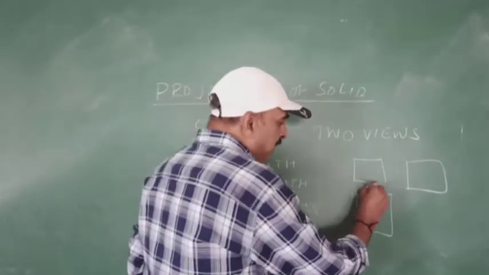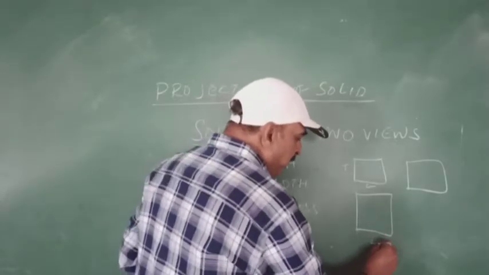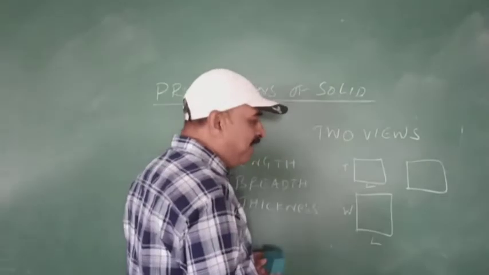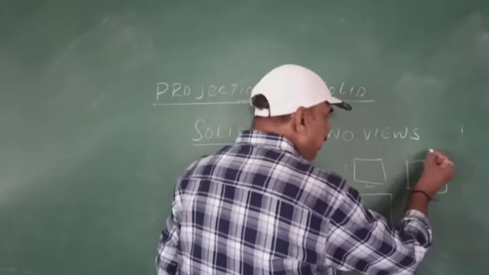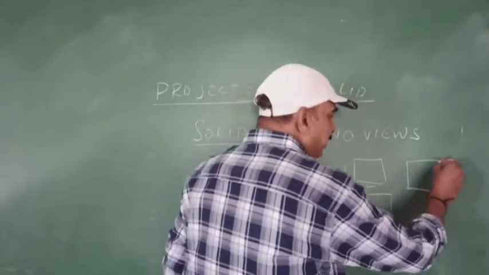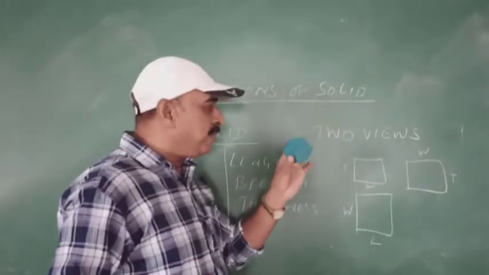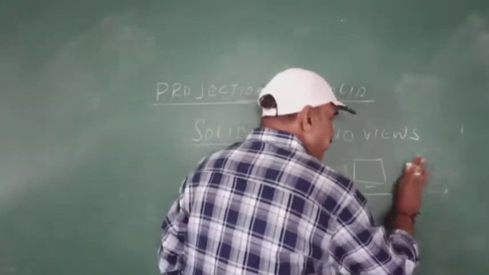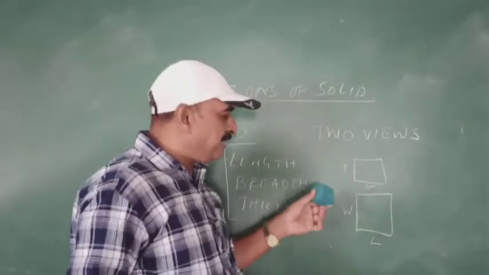In the front view, we can see the length and the thickness. In the top view, you can see the length and the width. And in the side view, you can see the width and thickness. That means minimum two views. Sometimes side views are needed and sometimes not.